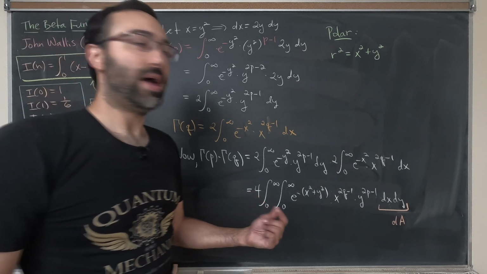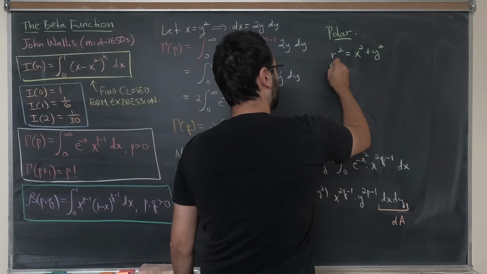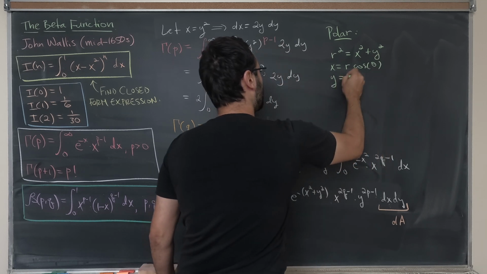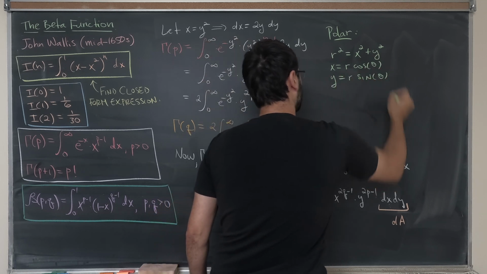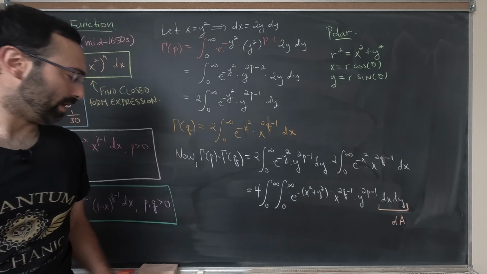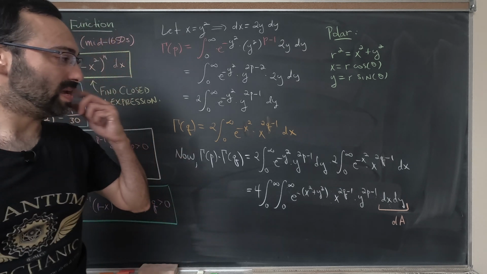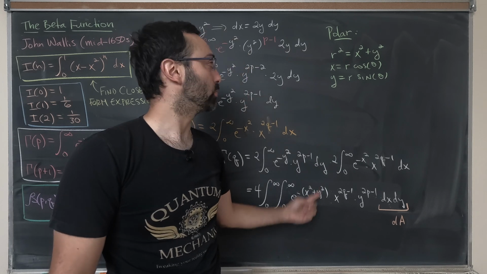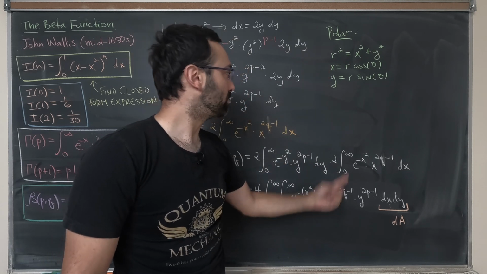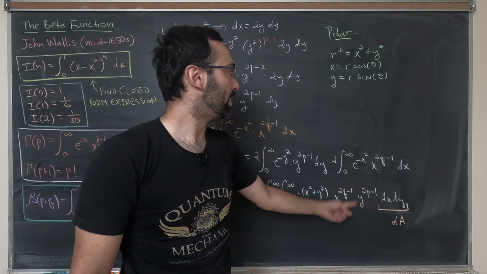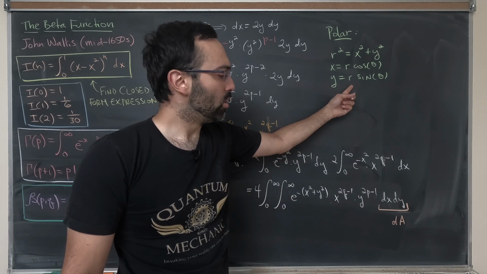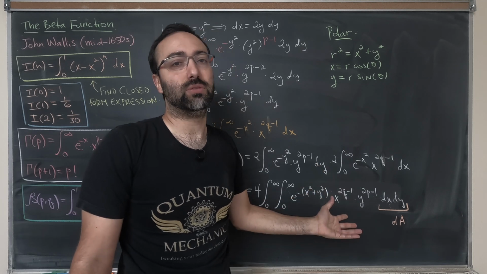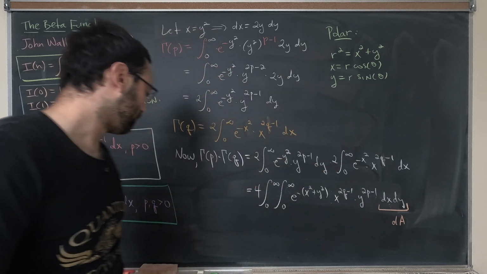We have x equals r cos theta. And we have y equals r sine theta. Okay, well what we're going to do with this is take x squared plus y squared over here and replace it with r squared. We'll take x and replace it with r cos theta, and we'll take y and replace it with r sine theta. What we have left to show is what dx dy translates into in polar form.